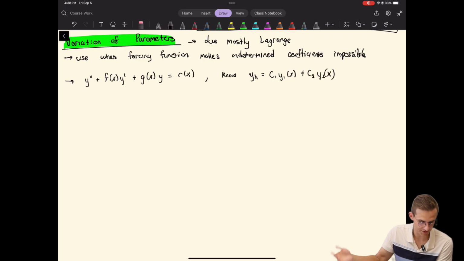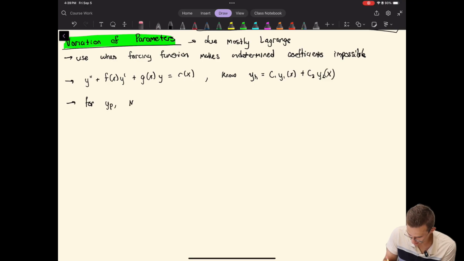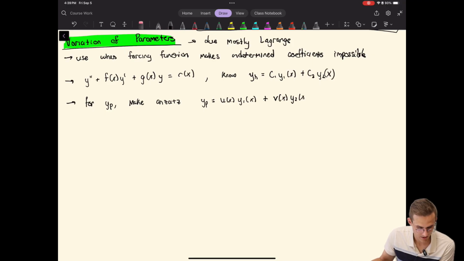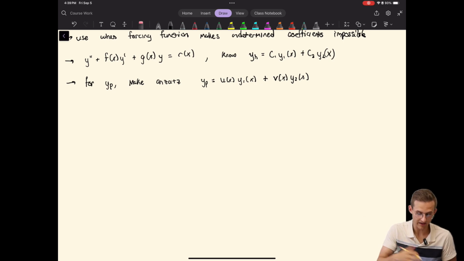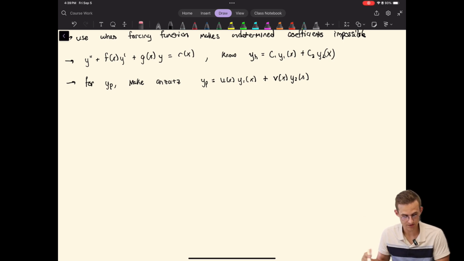Okay, so we've already determined the homogeneous solution. For the particular solution, we're going to make a guess. For yp, make an ansatz of the following form, where yp is equal to u of x times y1 of x plus v of x times y2 of x. Okay? And then to determine u and v, we need two equations. One equation results just from the original ODE, plugging it in, and the other is free for us to choose, actually. So we do so in a manner that simplifies the analysis.